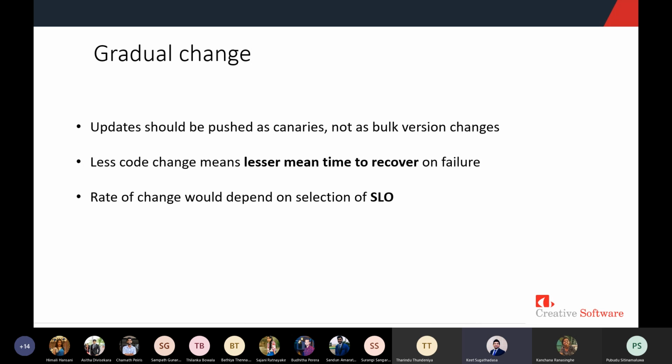They keep it small and try to identify and mitigate the problem. This is why deploying in canaries is important. Maybe the word canary might not be familiar to some of you. Canaries means you have to push updates in parts, the different parts of the deployment.